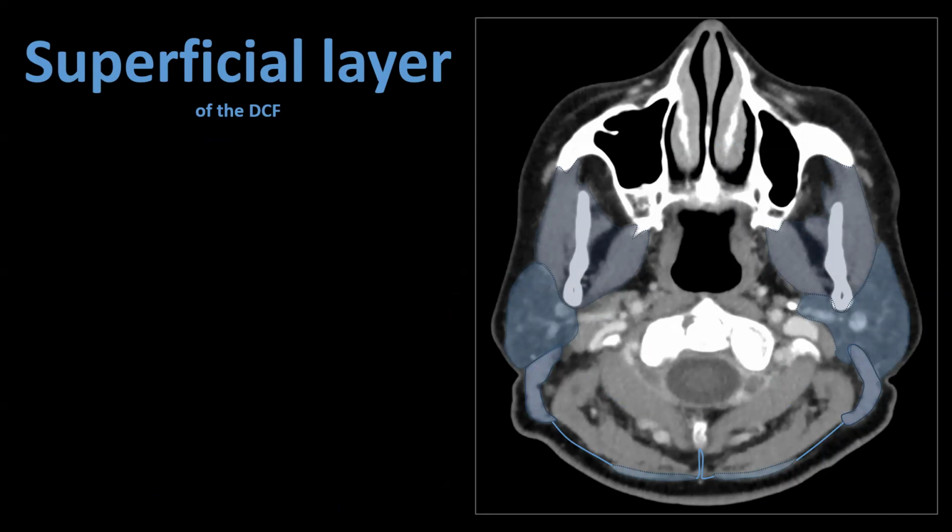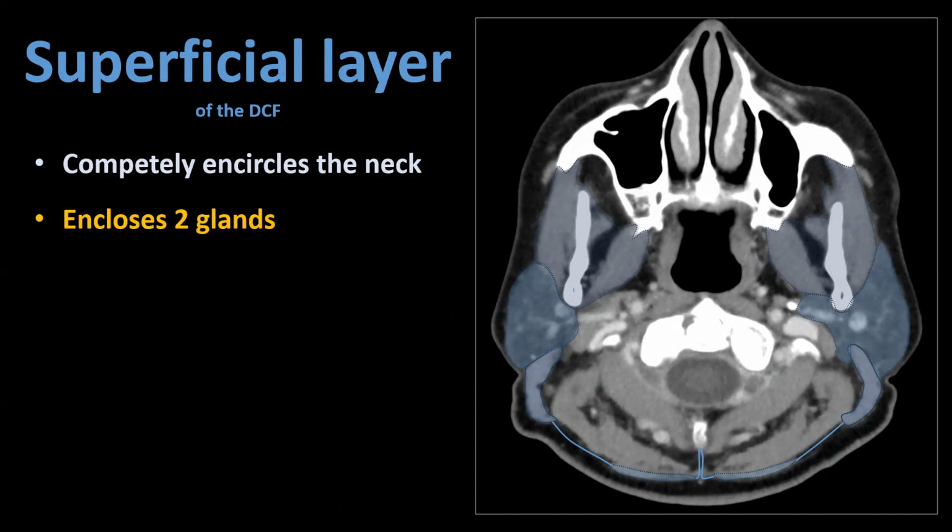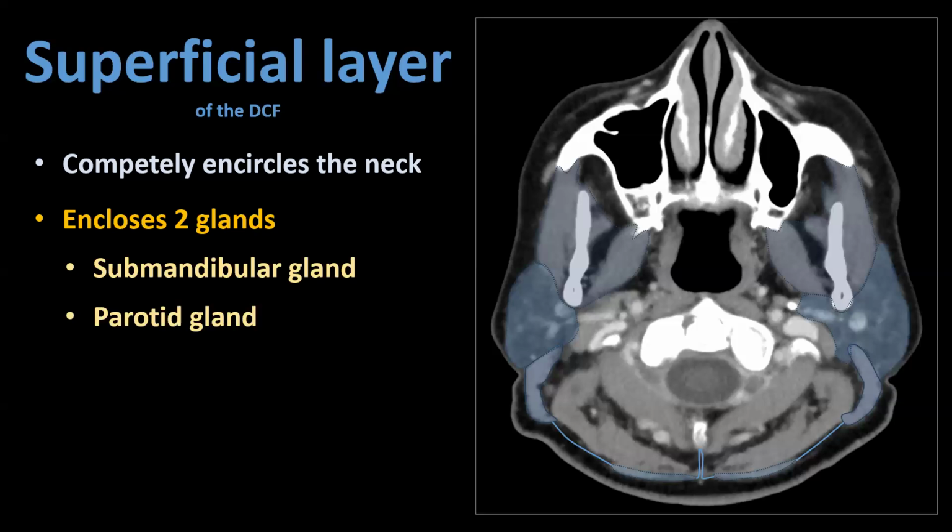So the superficial layer of the deep cervical fascia completely encircles the neck, as said, and an easy way to remember what it does, or where it is located exactly, is by remembering that it encircles two glands, more specifically the submandibular gland, which is not visible on this slide because the submandibular gland is located lower in the suprahyoid neck, but just believe me that it also encircles the submandibular gland and the parotid gland, which we can see on this slide over here.